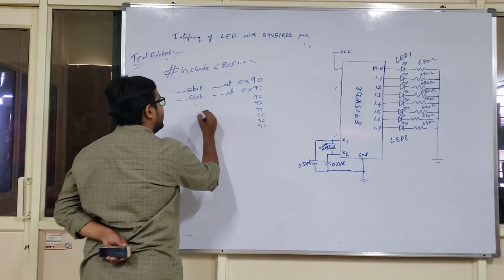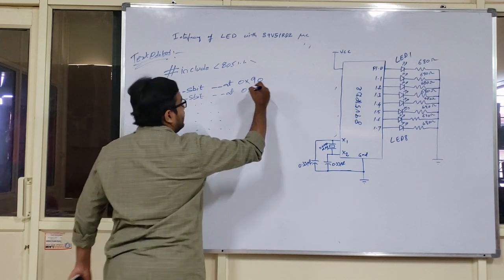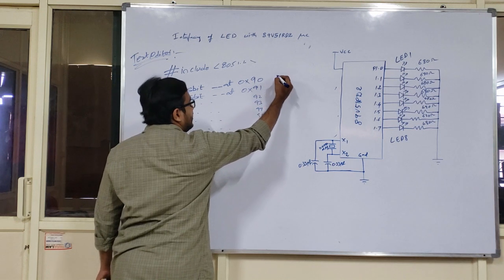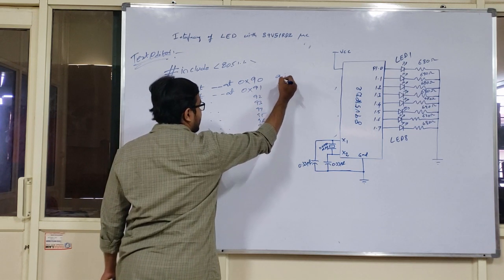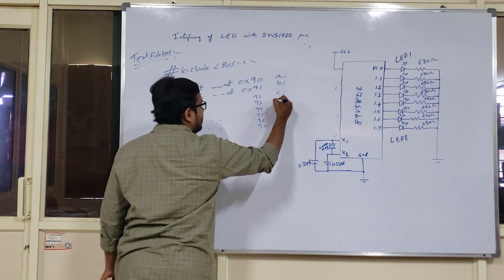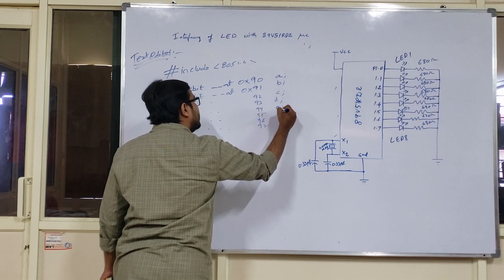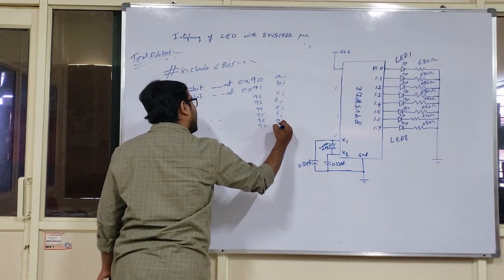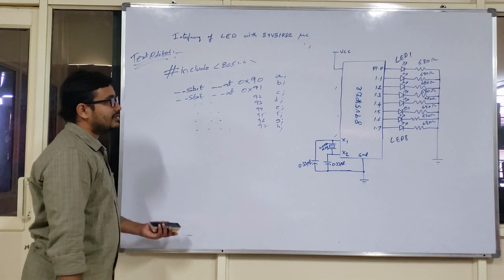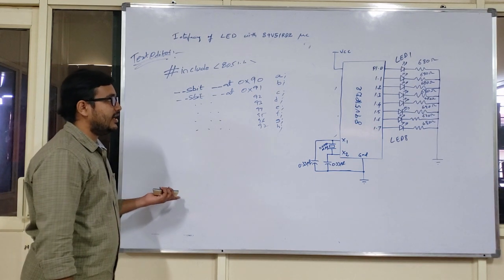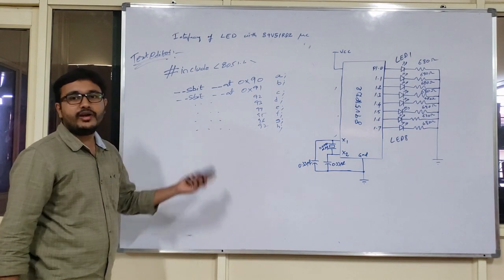The same sbit will be repeated here. So for this address location, let me give the name A. This is my B, C, D and E, F, G, H. So 8 address locations. For each and every address location I can recognize with the help of a variable.